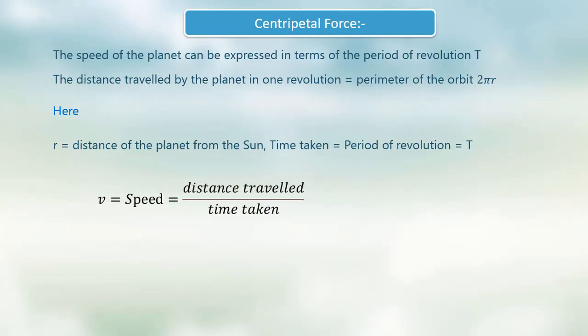v, the speed, is equal to distance traveled upon time taken, which is 2 pi r upon T. F is equal to mv square upon r, which is m upon r into v square, that is 2 pi r upon T whole square. So (2 pi r upon T) square is equal to 4 pi square r square upon T square, that is 4 m pi square r upon T square.